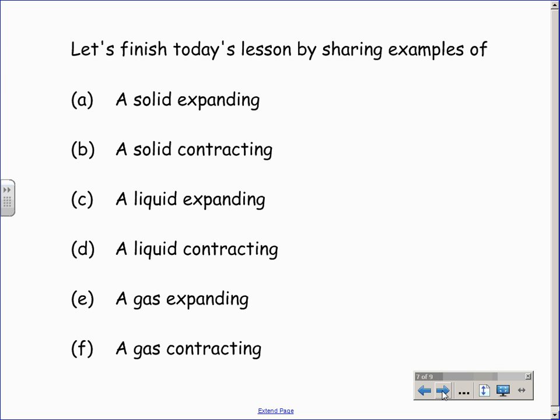All right, we're going to finish today's flipped classroom lesson by having you think about something, and we will discuss it when you come to class. Can you give me an example of a solid expander? Can you give me an example of a solid contractor? Can you give me an example of a liquid expander?